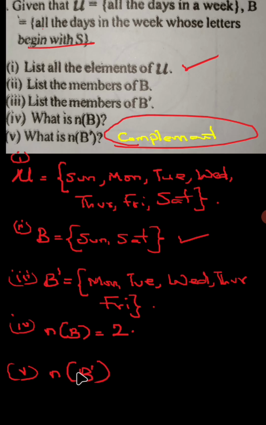In some cases, we write this as B prime, we call it B complement, or we write B with a superscript of small c at the top here. So it's basically the same thing. Here we just count how many elements are there. I have 1, 2, 3, 4, then 5. So this is 5, and that's all about the question.